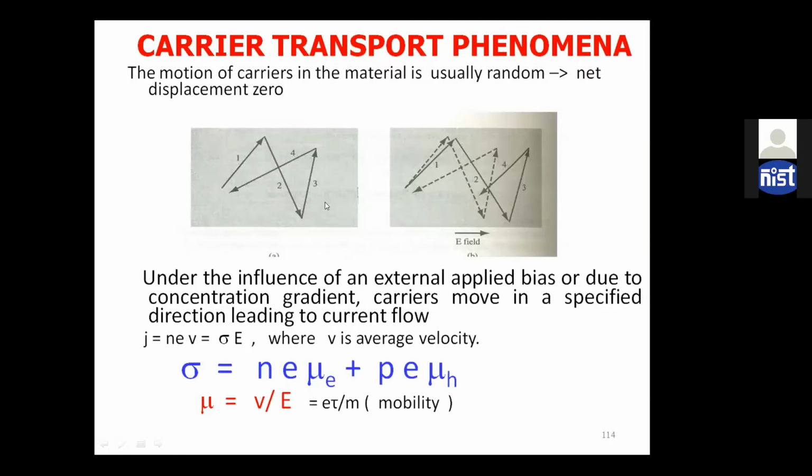If we consider only a conduction band, then there is no hole, only the electron. If you are taking a bulk semiconductor, you can get both electron as well as hole.